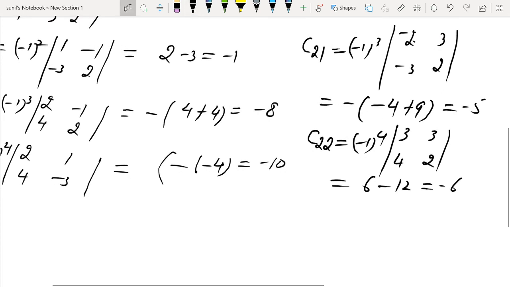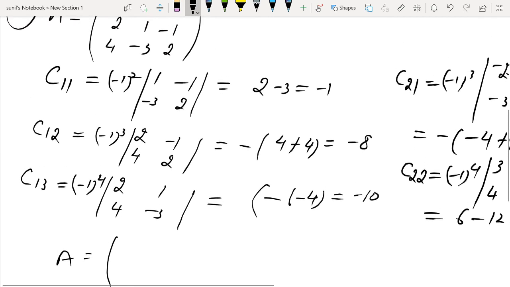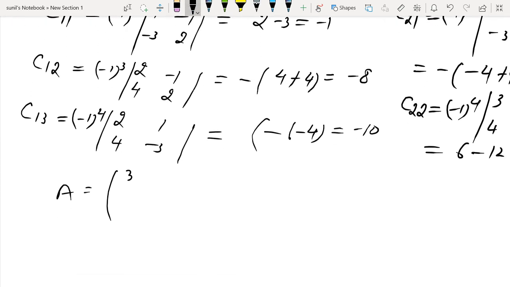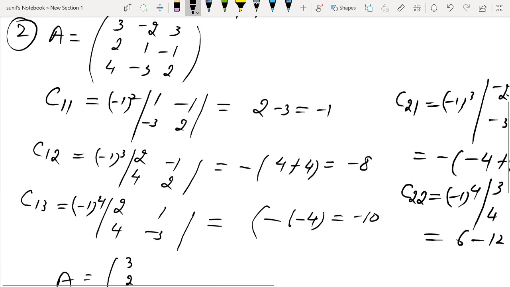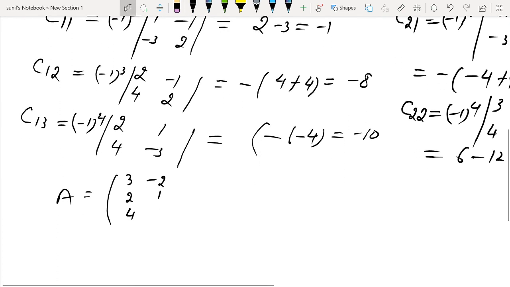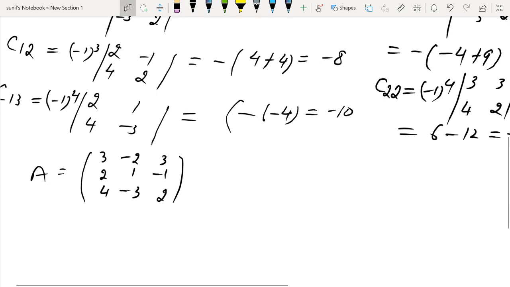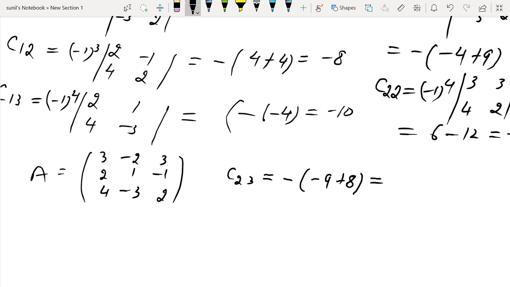Now I am copying matrix A again for the further calculation so that you can understand it: 3, 2, 4, then minus 2, 1, minus 3, and then 3, minus 1, 2. Now C23, second row third column, that is minus times of minus 3 plus 6, that is plus 1.